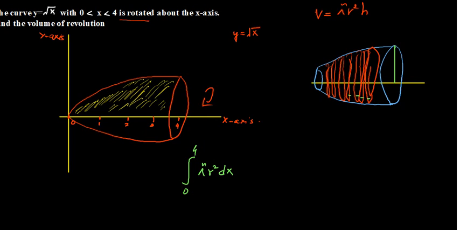the radius of that one is equal to y, right? So y in this case is square root of x. So we can replace all these values and solve the integration.